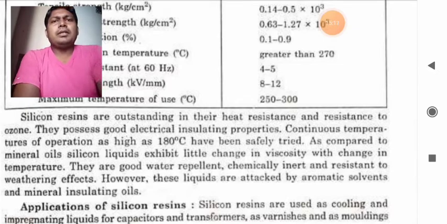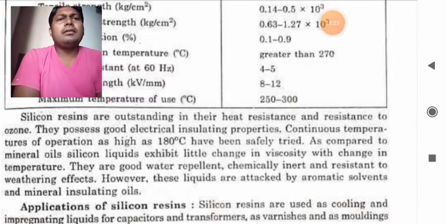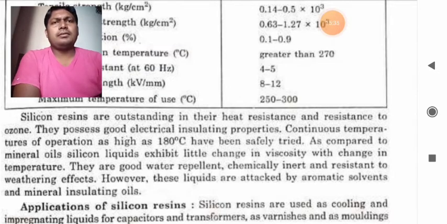As compared to the mineral oils, silicon liquid exhibits little change in viscosity with change in temperature. They are good water repellent, chemically inert, and resistant to weathering effects. However, these liquids are attacked by aromatic solvents and mineral insulating oils.